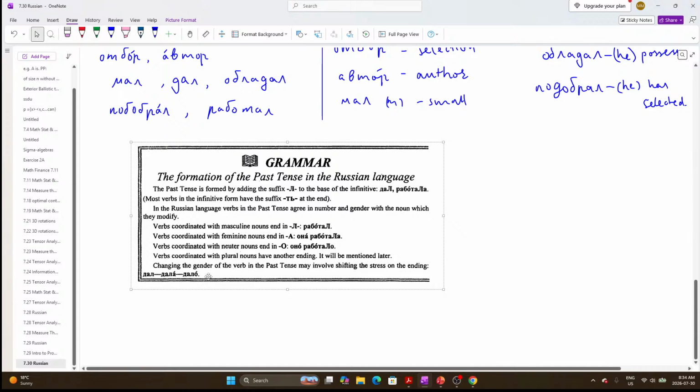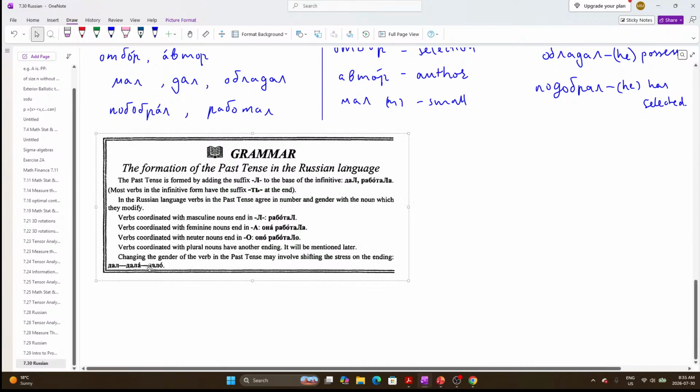Changing the gender of the verb. I feel like I'm reading this English with a Russian accent. Sorry about that. Okay, I need to read it normally. Changing the gender of the verb in the past tense may involve shifting the stress on the ending. Dal, dala, dalo. I see.